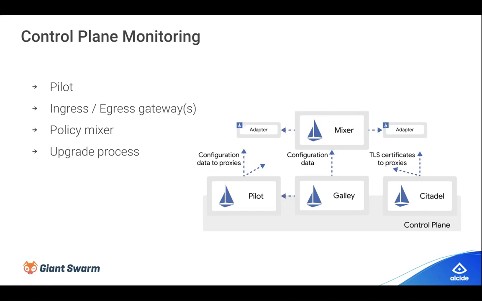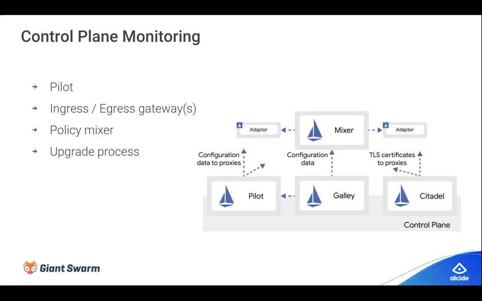And the policy mixer is a quite important component because it is the one that enforces the policies defined by you. So the pilot has to check, the data proxies have to check that the policies are up to date. When this component has troubles, it can cascade and also provoke problems in the proxies. So that will be a good component to take care of.